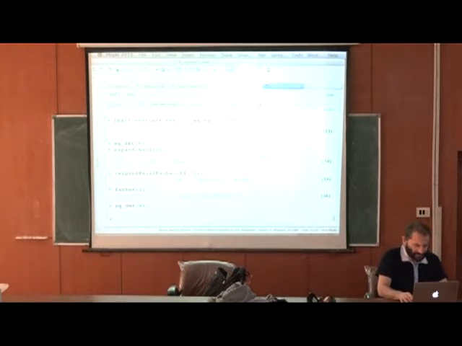Let's see the constraints, the algebraic constraints. Okay, constraints. So the equations for A and gamma are the same. No, they're not. See, remember this equation?